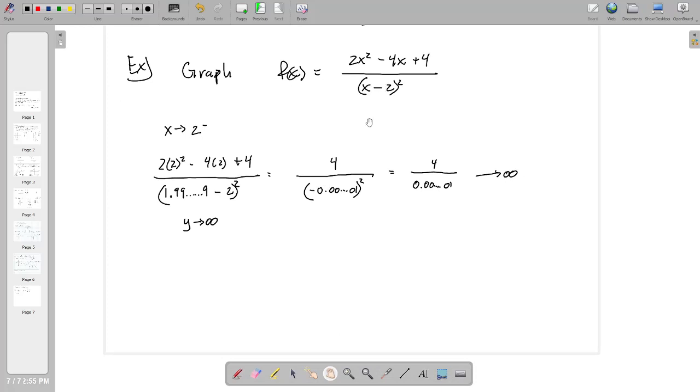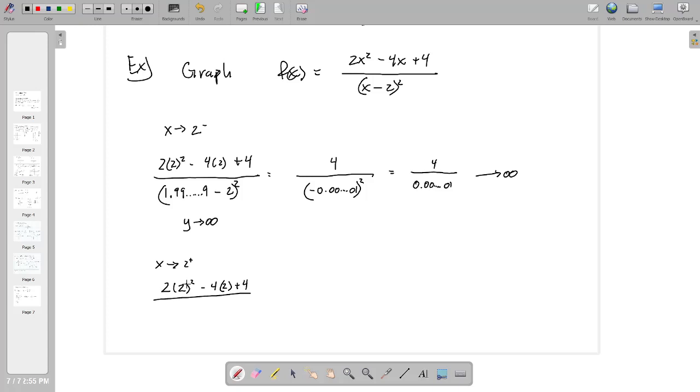Now let's check 2 from the right, see if we get a positive or negative infinity. So now, again, in the numerator, we can plug in 2 because it doesn't make the numerator undefined. It does, however, make the denominator undefined, and that's why we can't plug it into the denominator.